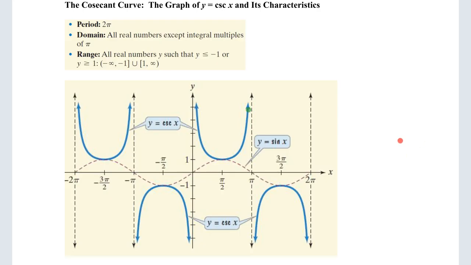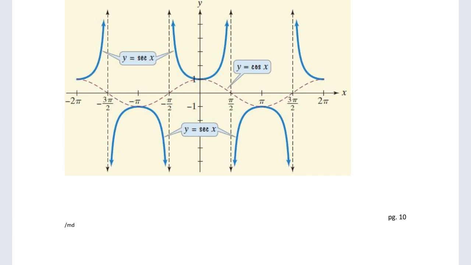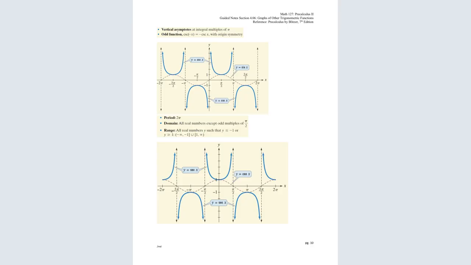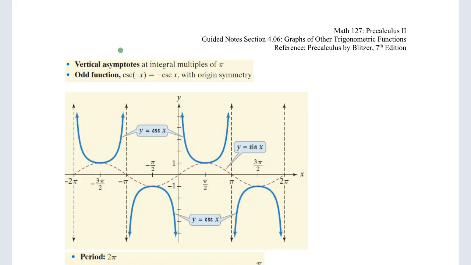Like I mentioned, instead of graphing an entirely new graph, we are going to use the sine function as our guide to graph either the cosecant or secant function. We will follow exactly the same steps we used with the sine function.